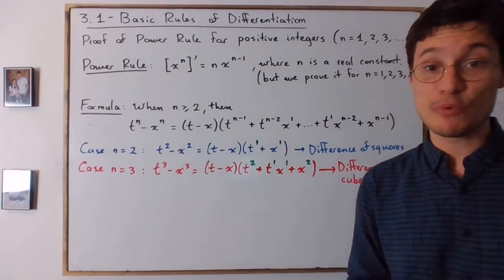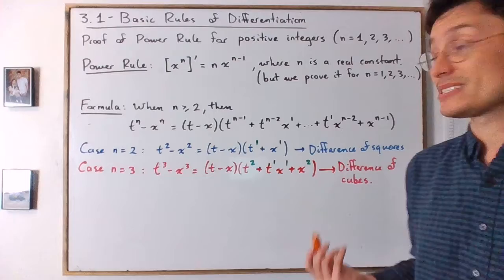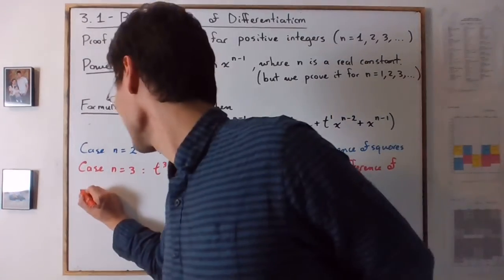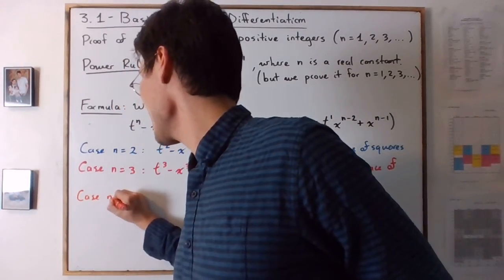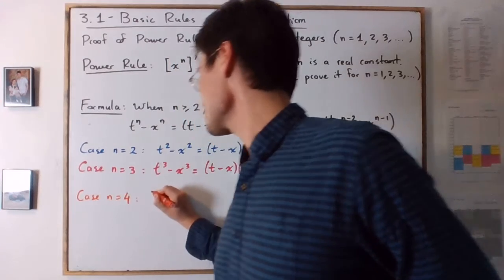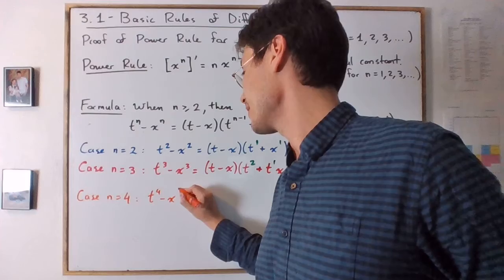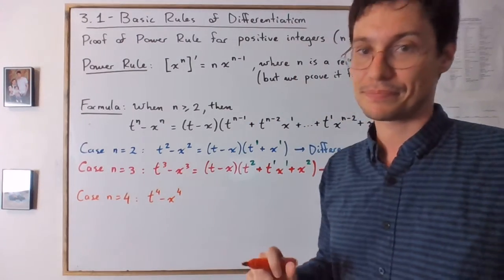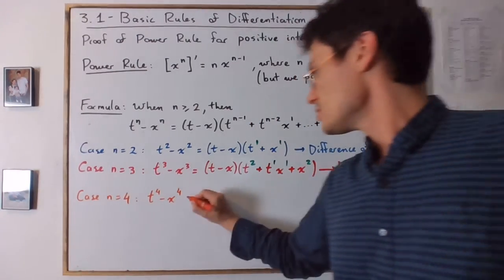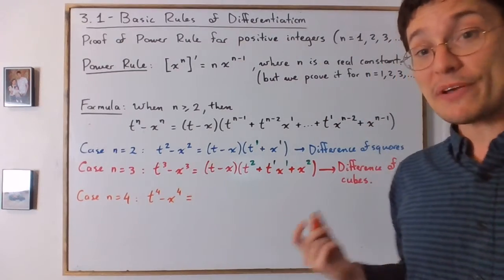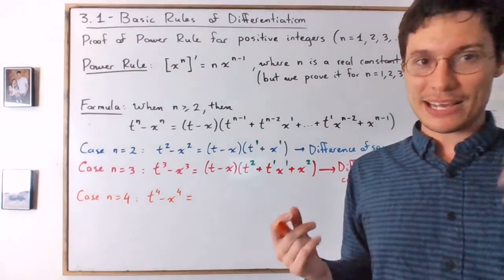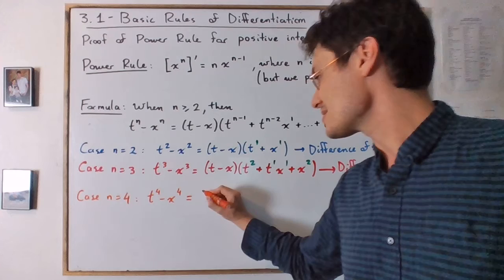Now, finally, if we go ahead and look at case number 4, and that's it. So case n equals 4. Now, something interesting happens, but you will see that we will fall back on our feet. Typically, the way you have learned to factor this in high school is to first factor it as a difference of squares.